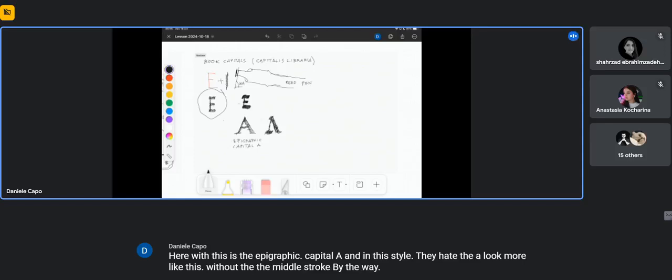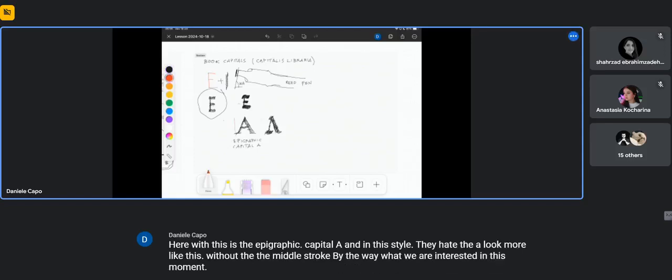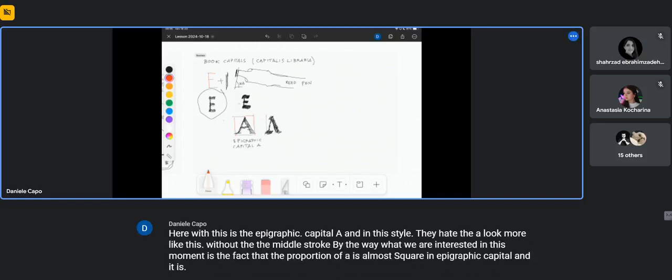By the way, what we are interested in at this moment is the fact that the proportion of A is almost square in epigraphic capital, and it is a rectangle in the book capital A.